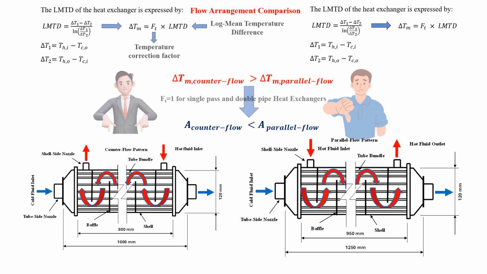For the counterflow, the effective length for the heat exchanger is around 800 millimeters. And for the same conditions, if we choose the parallel flow, then the effective length of the heat exchanger will be 950 millimeters.